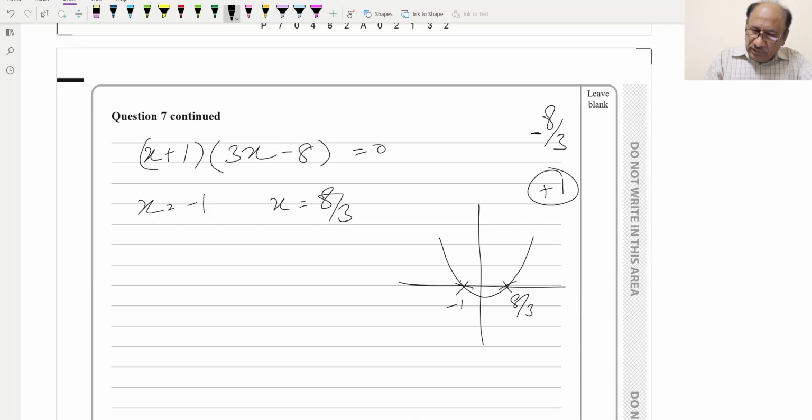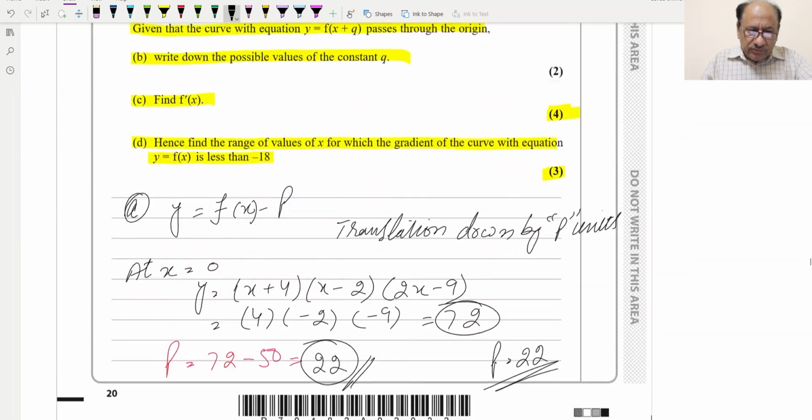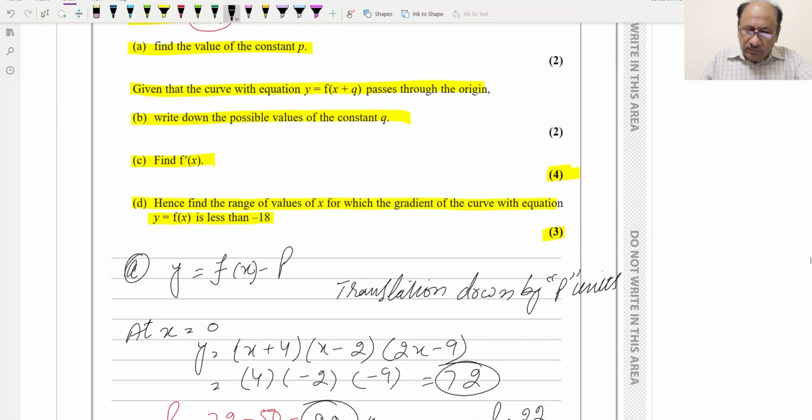We will be taking the y values less than, which is in between minus 1 and 8 by 3, hopefully you are understanding. So we will write minus 1 less than x less than 8 by 3. This will be the answer for this D part. We are done with this D part as well, and this was 3 marks.